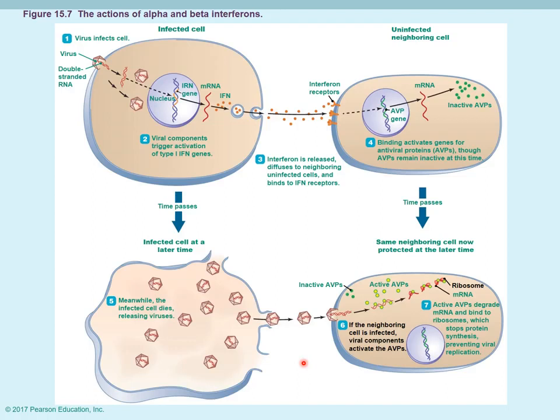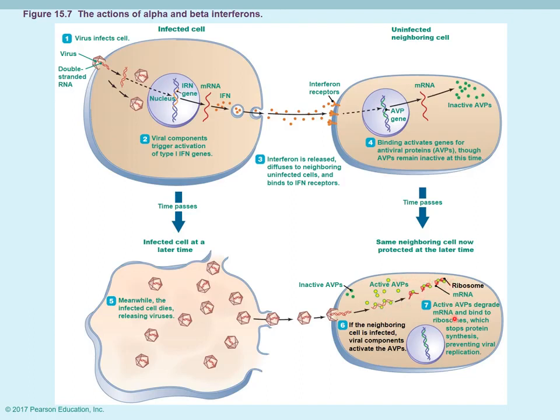Now this is showing how an infected cell, without the release of the interferons, goes through the viral replication route and produces all of these new viral particles. But the adjacent cell that received the interferon from this one will not go through viral replication when the virus tries to infect it. Instead, there are certain proteins called antiviral proteins, and they're going to stop and prevent the virus from replicating.